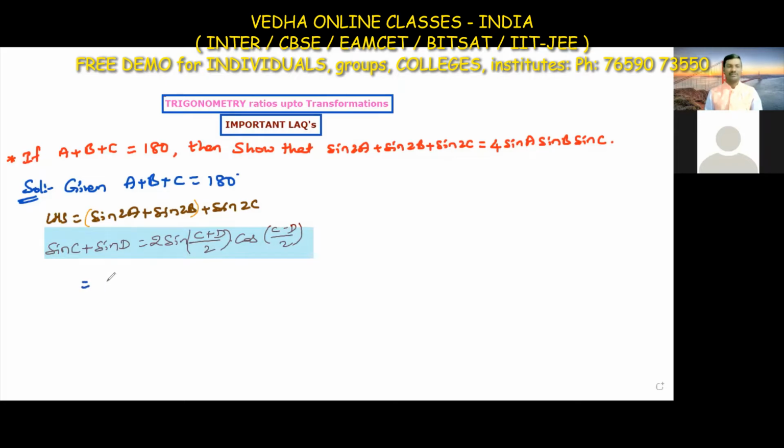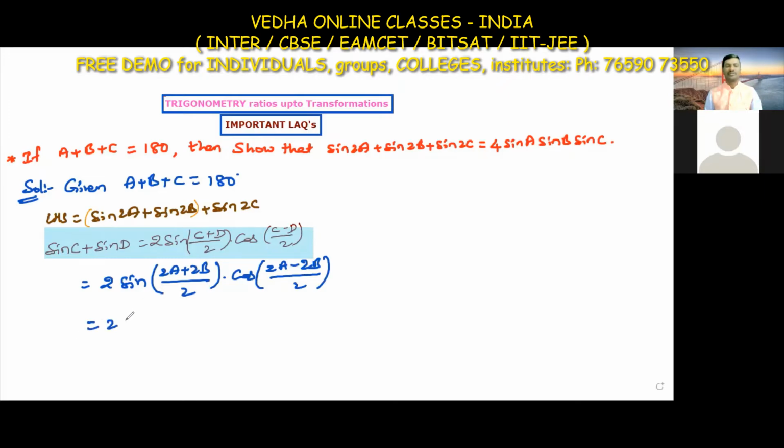So this is equal to 2 into sine of (C plus D) by 2, where C is 2A and D is 2B. That is, 2A plus 2B by 2, into cos of (C minus D) by 2, that is, (2A minus 2B) whole divided by 2.